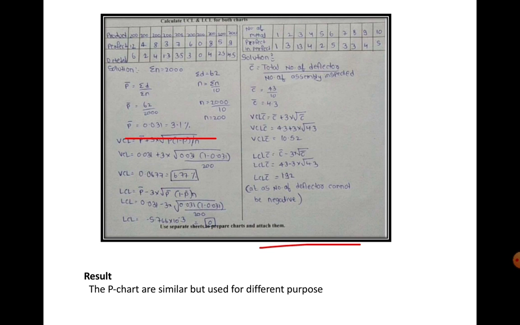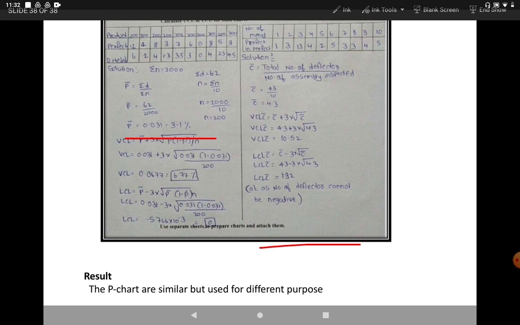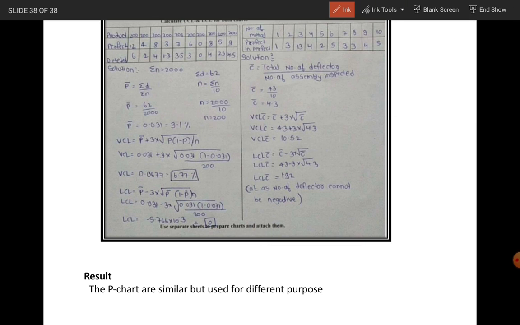So in order to get this part, we have directly utilized the formula and put it over here. The p value which we have already obtained, which is 0.031, we have substituted over here. The formula is 3 into the square root of p(1 minus p)/n. So the p value obtained, 0.031, is substituted, and 1 minus p, once again the p value 0.031, divided by n, which is this value.